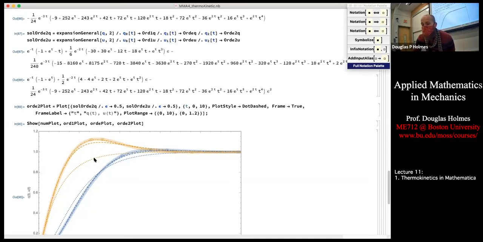It changes really quickly from order 1 to order epsilon. It changes a little bit less from order epsilon to order epsilon squared. It's going to change a little bit less from epsilon squared to epsilon cubed. If what you're plotting for your approximations doesn't follow that trend, that's a good sign that you did something wrong. It should really just be adding a smaller correction to your approximation.